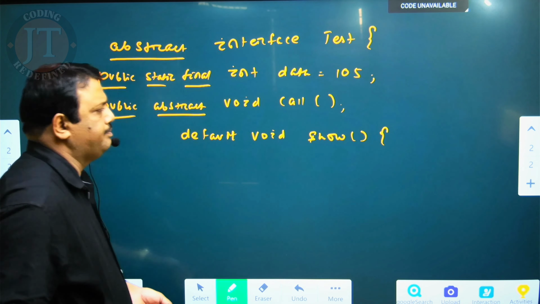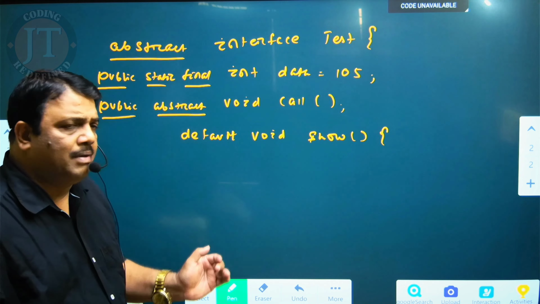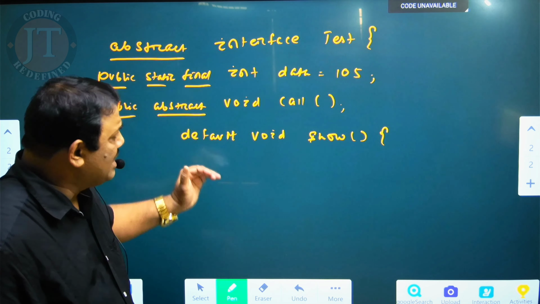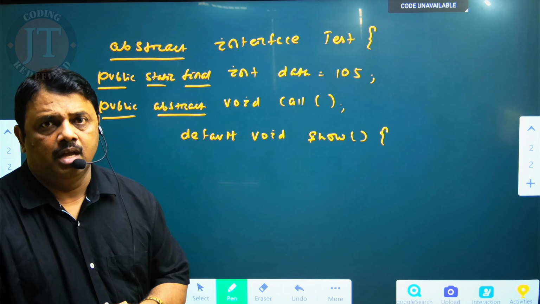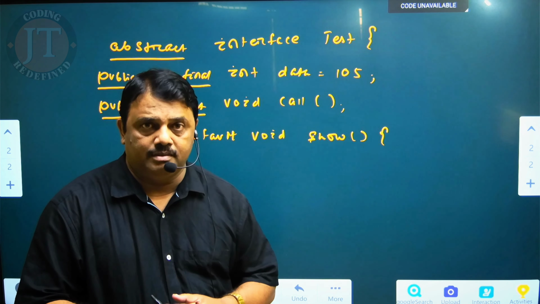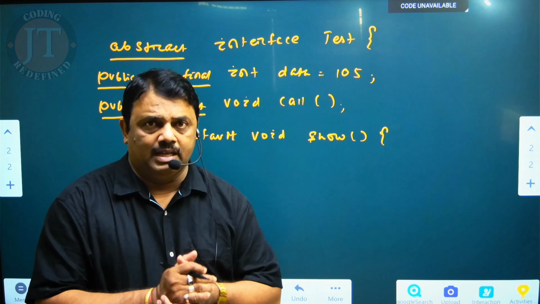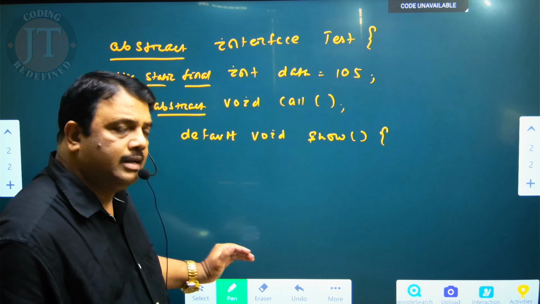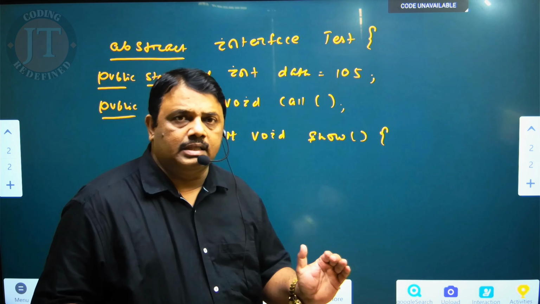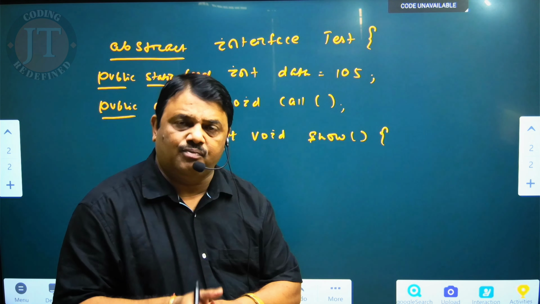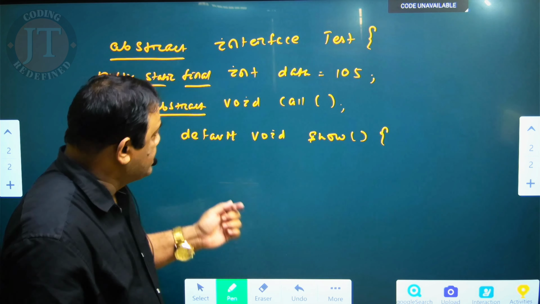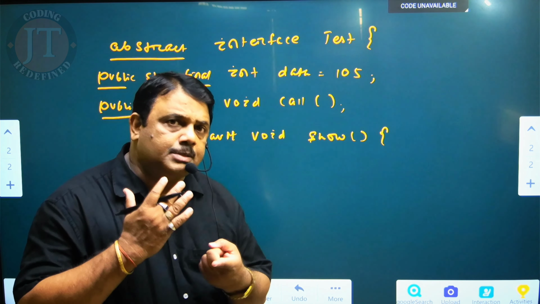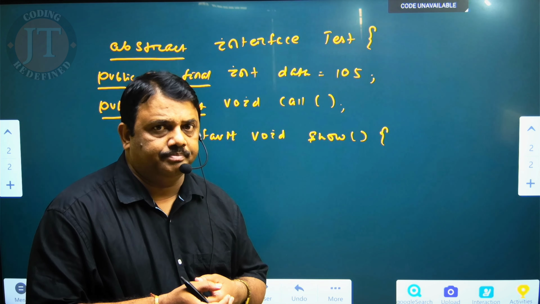What is the advantage of using the default method? This method can be overridden. It is also called a defender method. When we move to the advanced chapters, I can explain the advantage in detail. The first advantage is that I can override the default method in the child class. Second, it is popularly known as a defender method.